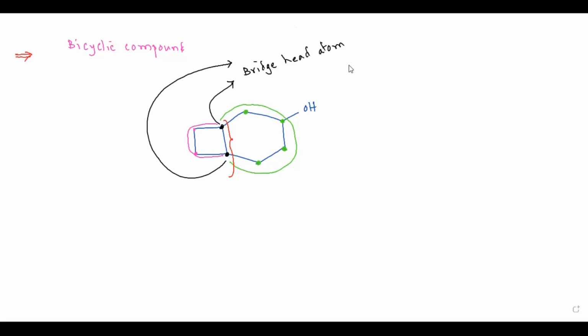Now the numbering. Let me just give numbers to the carbons. So numbering begins first from one of the bridgehead atoms. You can go either starting from this carbon or this carbon. But remember, you should go first along the longest. Longest in the sense this. See, 1, 2, 3, 4 carbons are there in this bridge. If you consider this bridge, you got only 2.